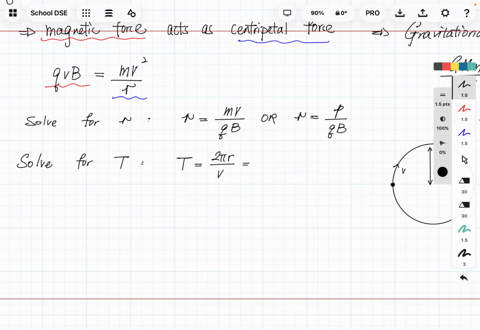So one application will be you have a region of magnetic field, and you have a coil, and this coil is moving across the B field.